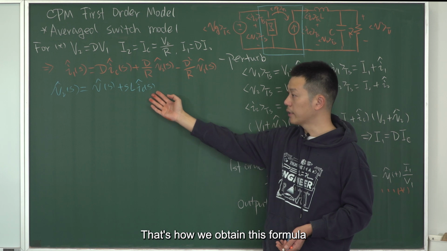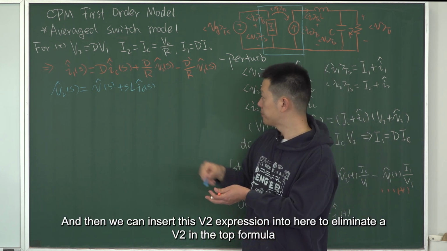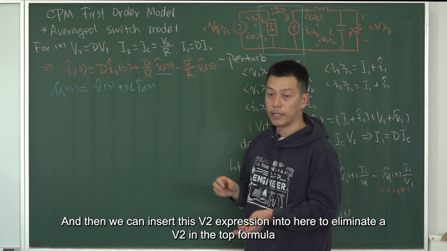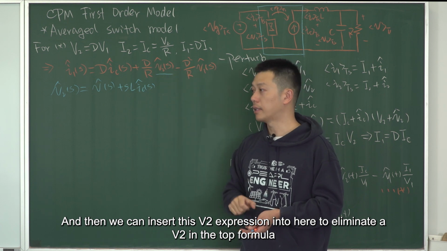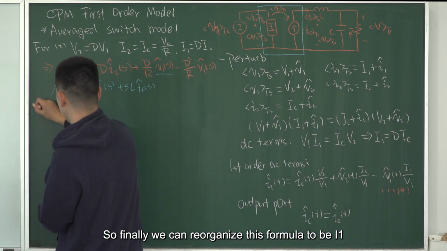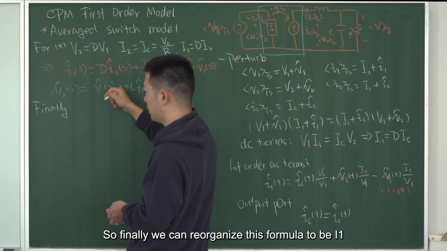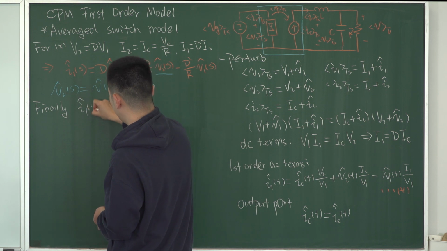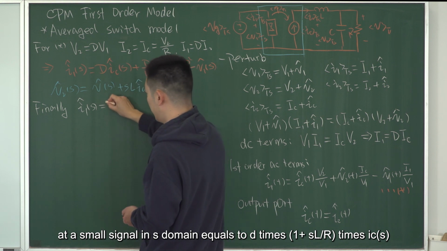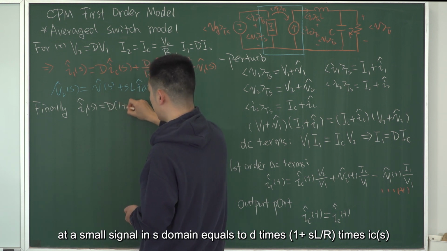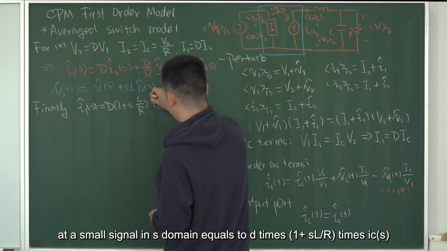That's how we obtain this formula. Then we can insert this V2 expression into the top formula to eliminate V2. Finally, we can reorganize this formula to be I1 small signal in S domain equals D times 1 plus SL over R times IC.